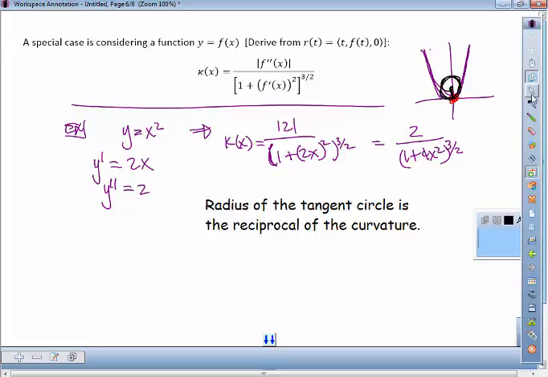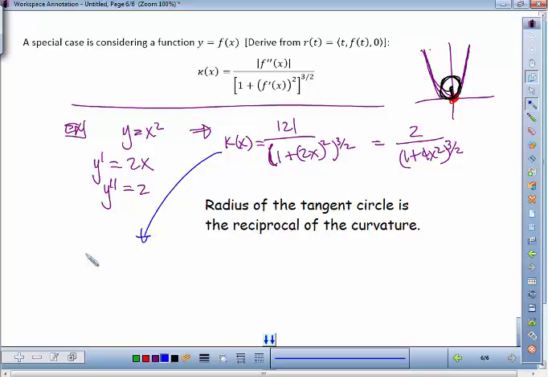So let's find the curvature at 0. Let's put 0 in for x. If we put 0 in for x, I think that's just going to be 2. Right?